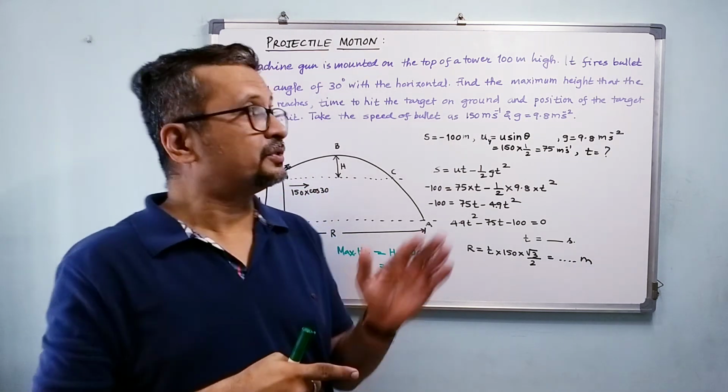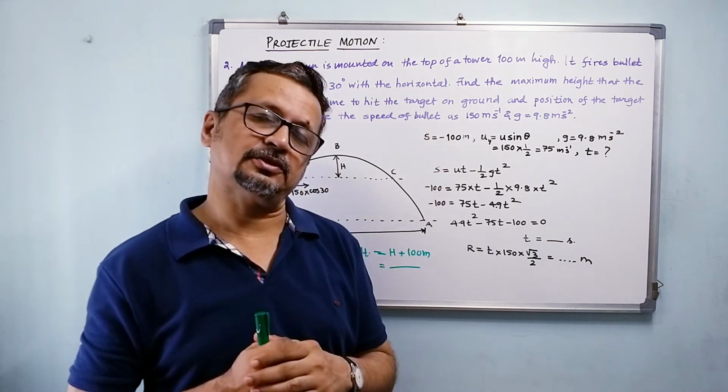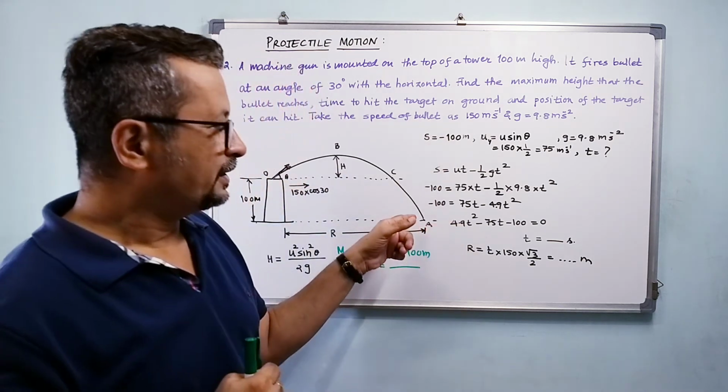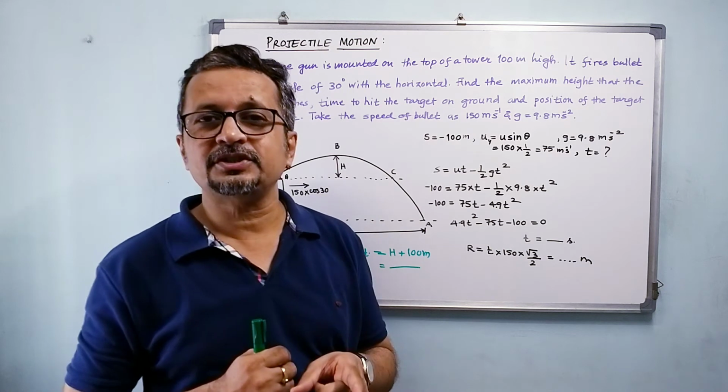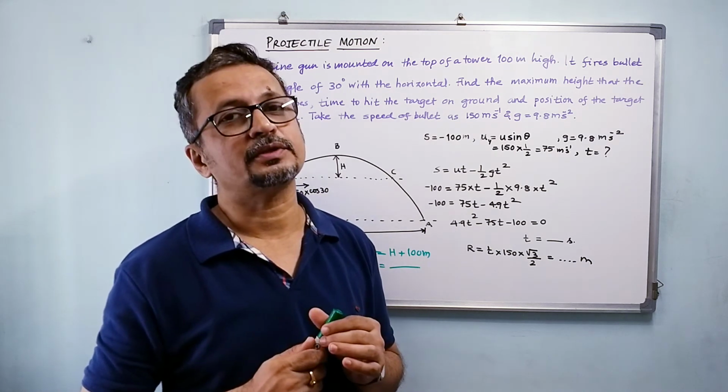There is one more question which is not actually mentioned in this problem. It is not asked. Okay, can you find the velocity with which it hits the ground? Can you find that out?